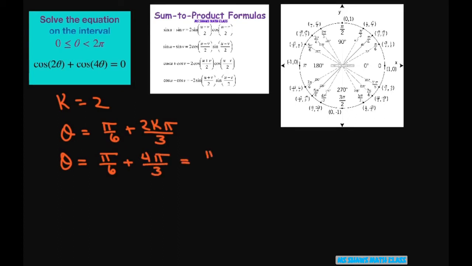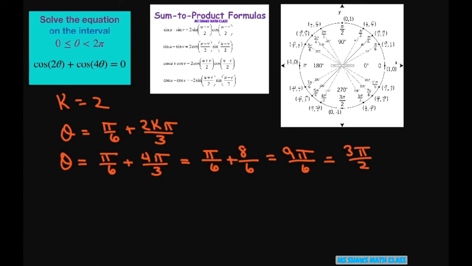That's going to be pi divided by 6 plus, if you have a 6 here, multiply that by 2, you get 8. So that's going to be equal to 9 pi divided by 6, which reduces to 3 pi divided by 2. We already had that.